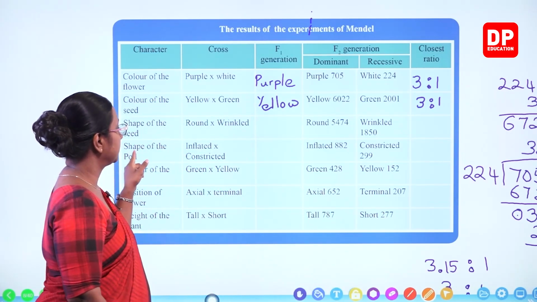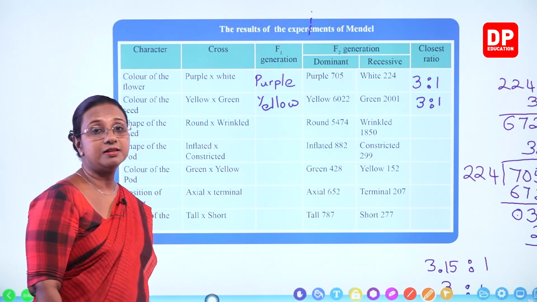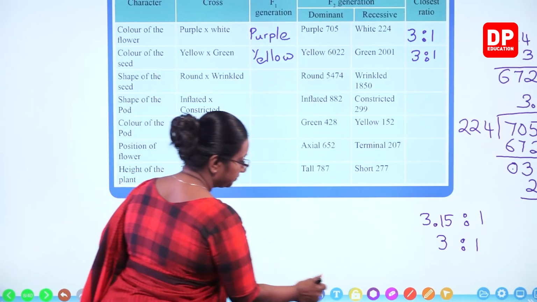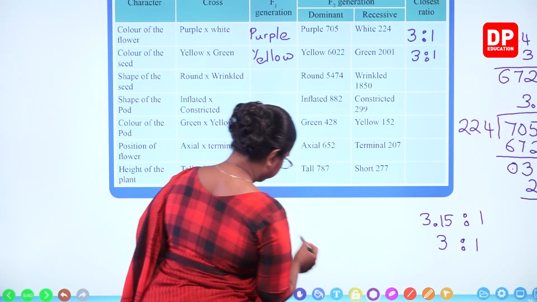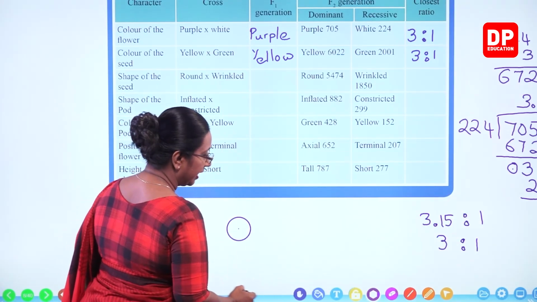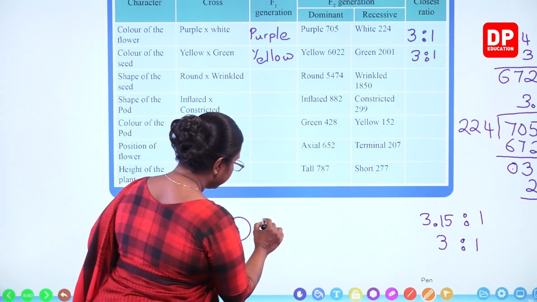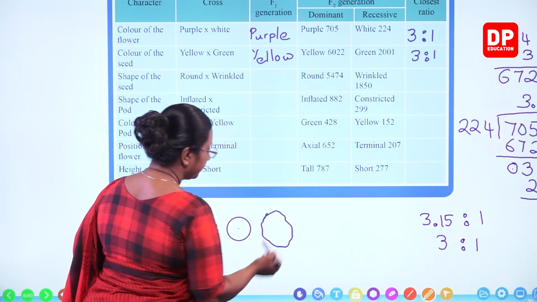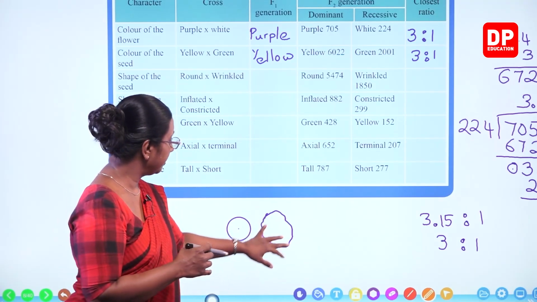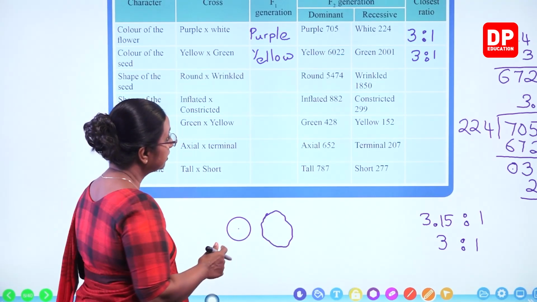Then shape of the seed, round and wrinkle seed. Round is exactly round like this. It will be a round seed like that, whereas wrinkle seed is going to be something like that. The edges are all kind of shrunk in wrinkle seed.